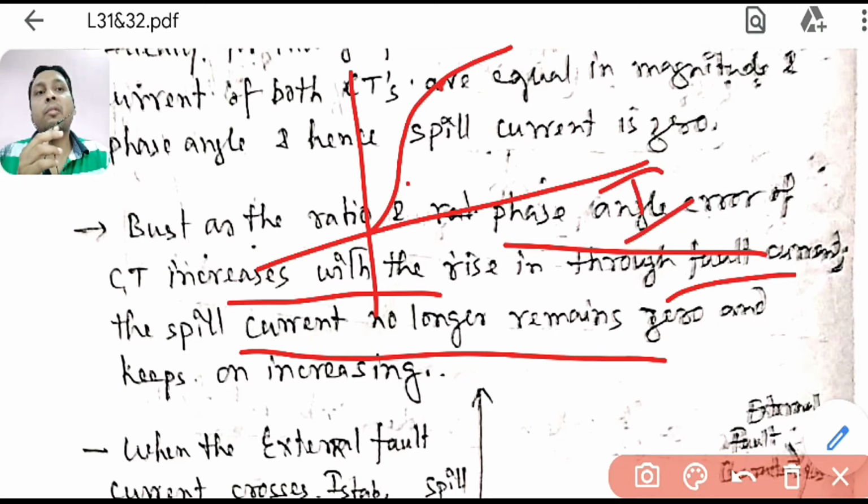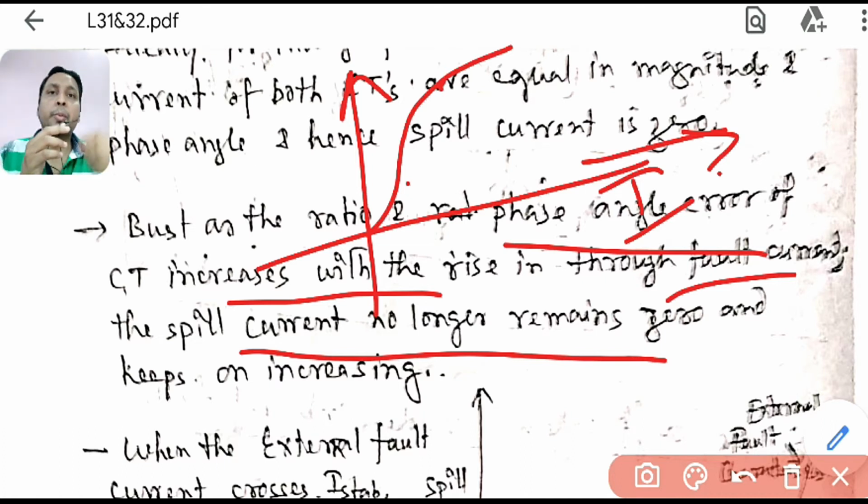The ampere turns you are providing through the excitation, and the flux you are getting, will not be directly proportional. So whatever current you give in the primary, proportionate secondary current you will not get. So there will always be an error created, and that error keeps on increasing as your external fault current increases.